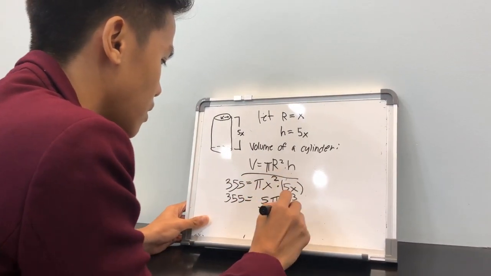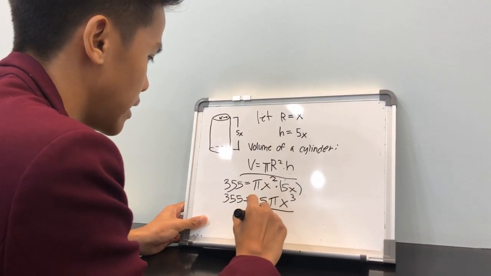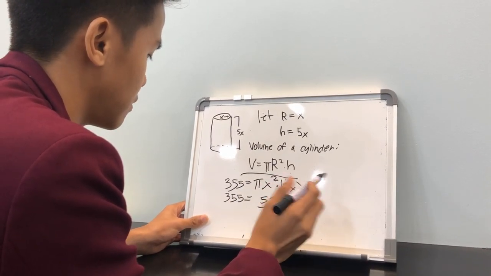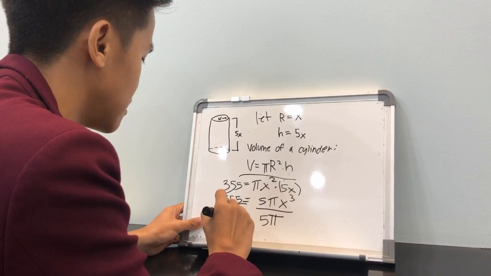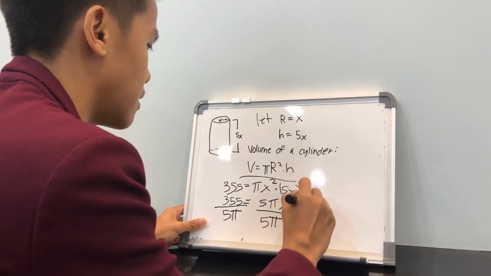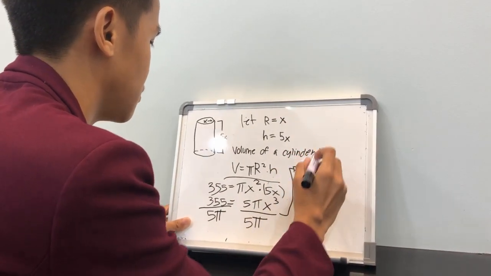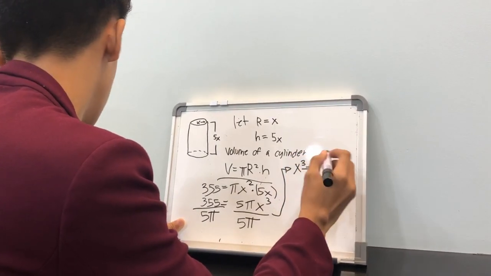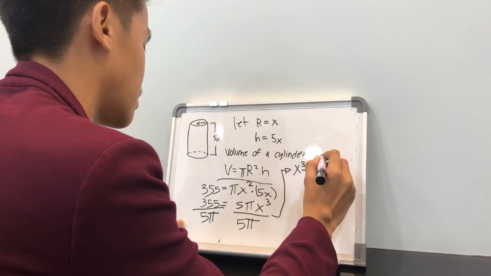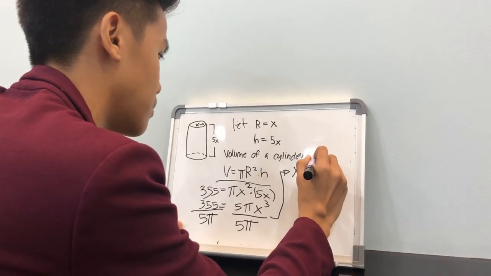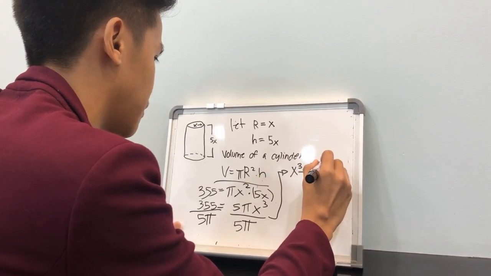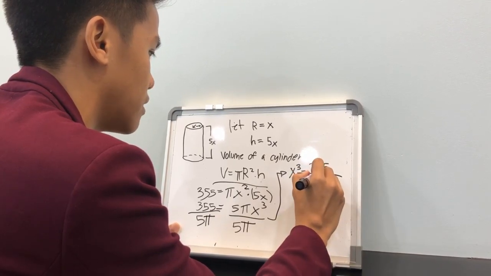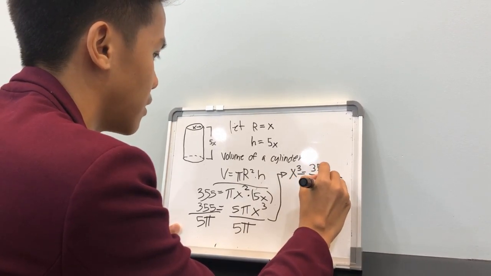So let's divide 5 pi to both sides, and it's going to be x to the power of 3 equal to 355 divided by 5 pi.